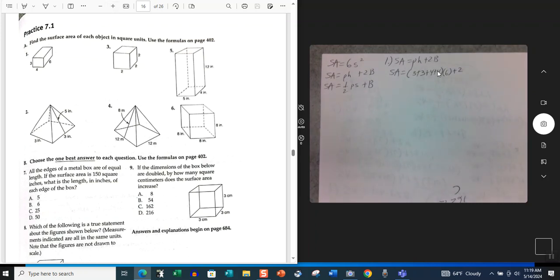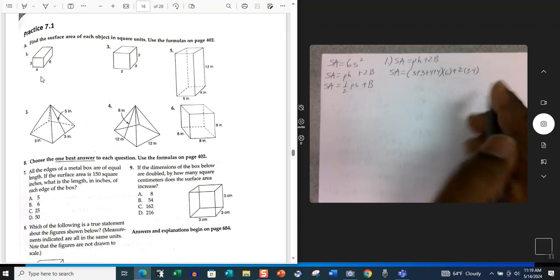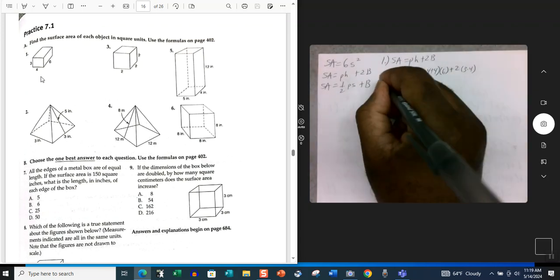Now this base here is actually the area of this rectangle. So this capital B is the area of the rectangle. We know the area of a rectangle is length times width, so that would be 3 times 4. That takes care of the base.